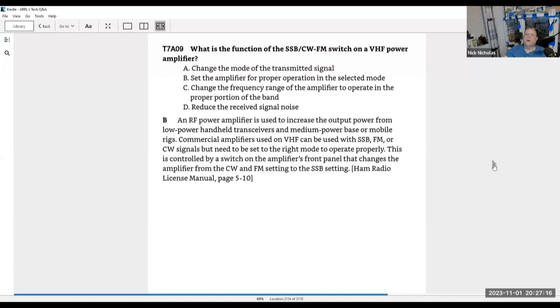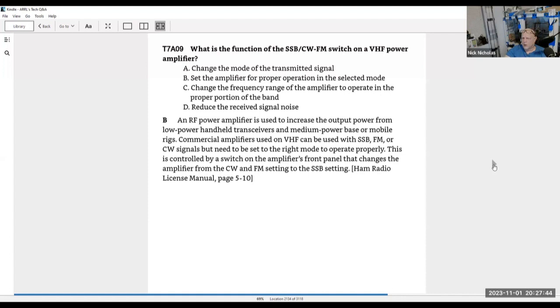What is the function of the sideband CW/FM switch on a VHF power amplifier? This is a little confusing. Sideband and CW and FM have to be amplified a little differently. And there's a little circuitry that they put in power amps.